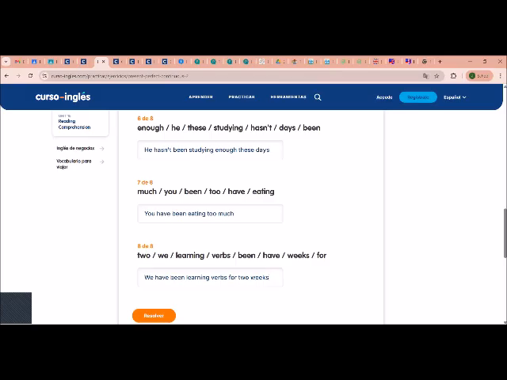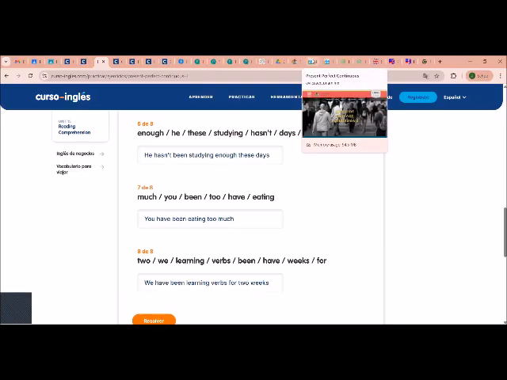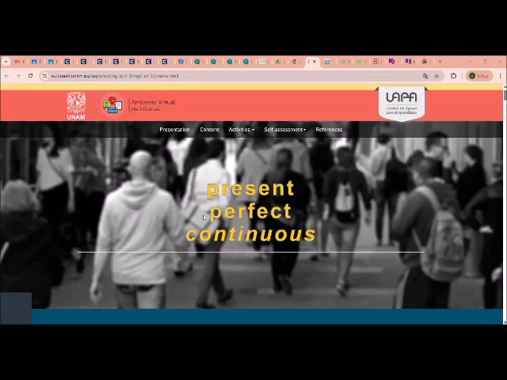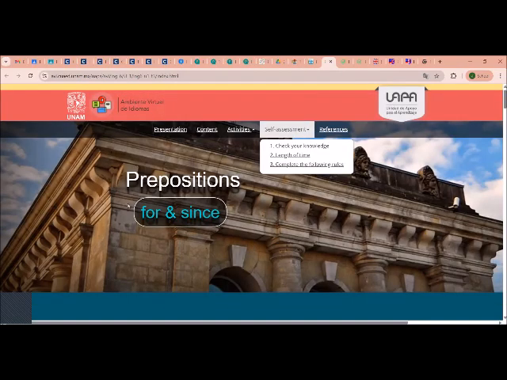Good. All right. So what I want you guys to practice, jump into your portals. In your portal, you need to complete the present perfect with the activities and the self-assessment. And if you haven't done so already, the prepositions with the activities and self-assessment.